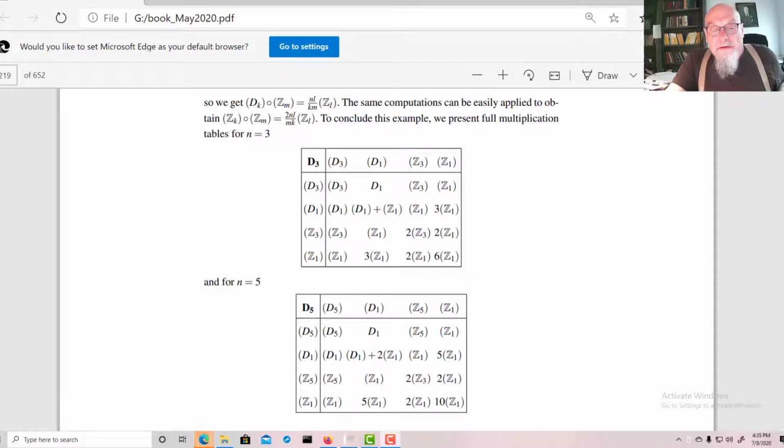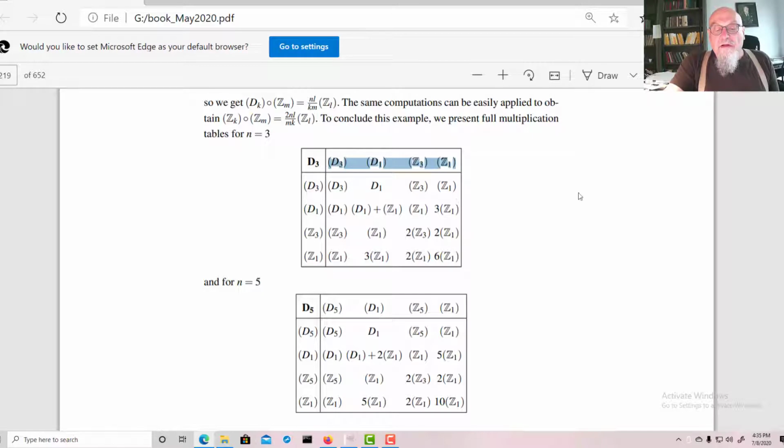let me show you the multiplication table for D3 and D5. This is exactly what we have just computed, and as you see here, it shows the complete list of the conjugacy subgroups.